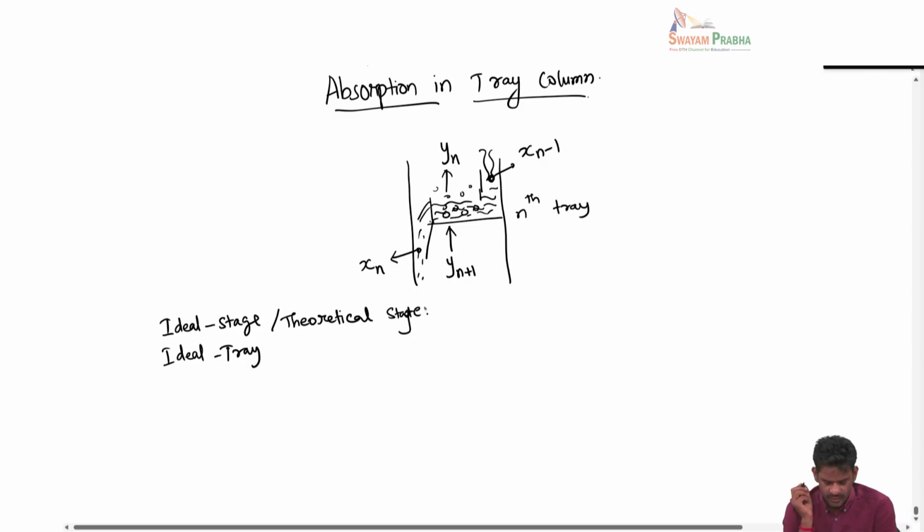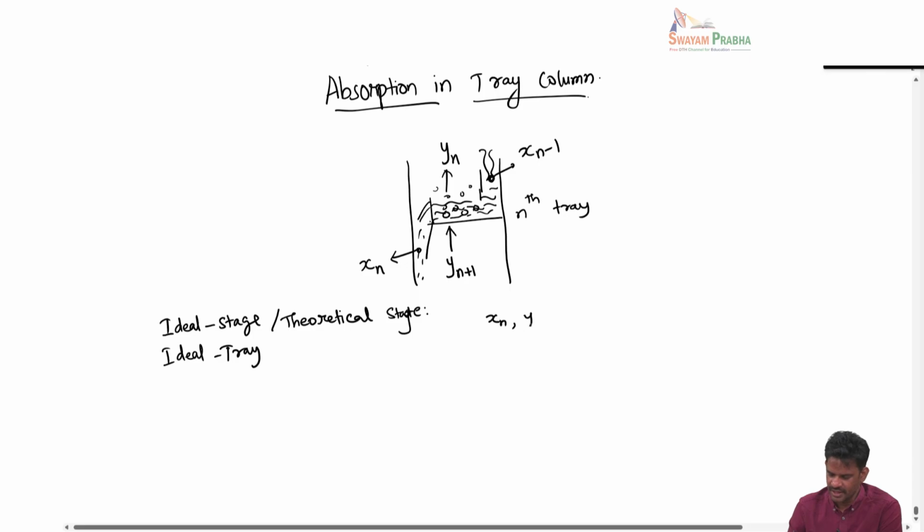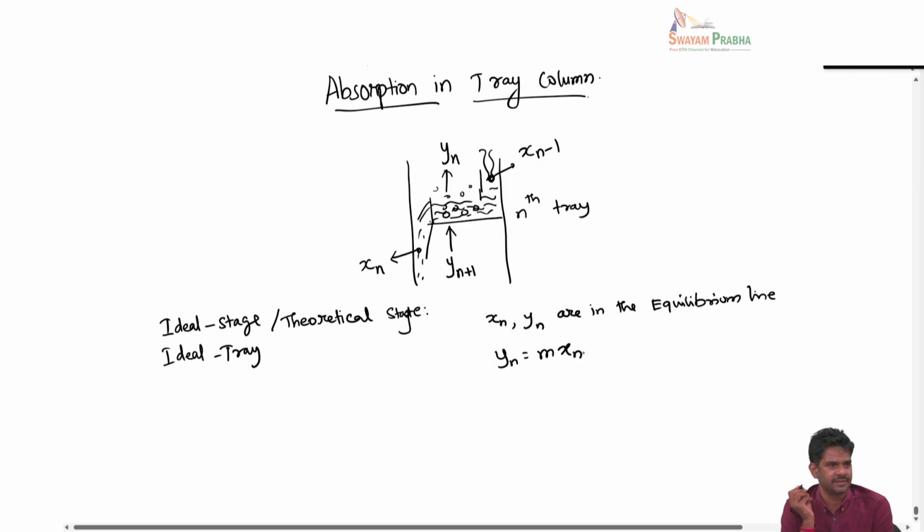This is one where the contact between the liquid and gas is allowed sufficient time, so that the outgoing streams are at equilibrium. Meaning this Xn and Yn are on the equilibrium line, and they follow the relationship Yn equals m times Xn, supposing you assume a Henry's law kind of equilibrium line.